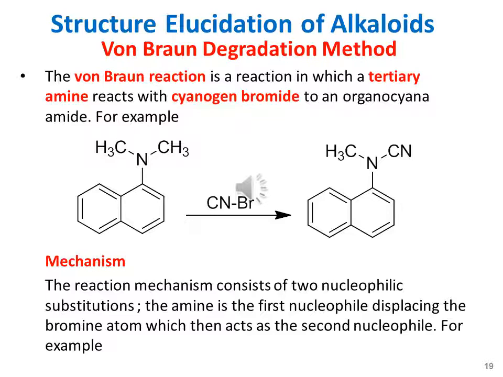The mechanism of this reaction consists of two nucleophilic substitution steps. In the first step, the amine is the first nucleophile displacing the bromine atom, which then acts as the second nucleophile. In the coming slide, you will see another example with the detailed mechanism.